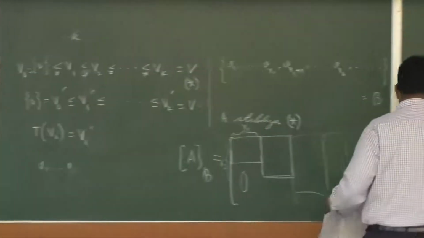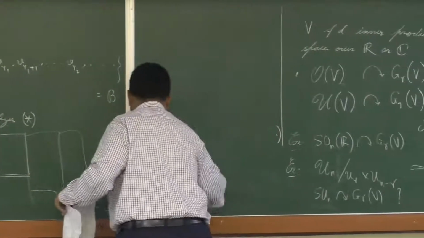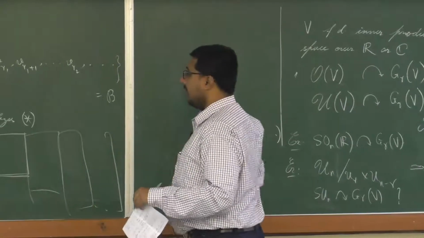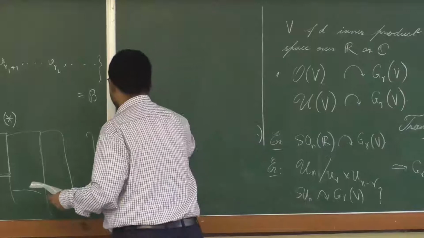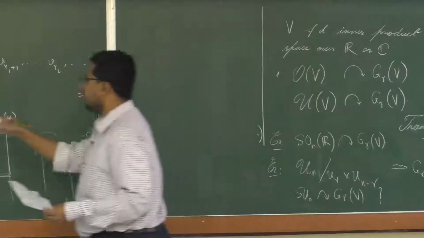So the stabilizer will be precisely all upper triangular matrices. Let me make a definition here.